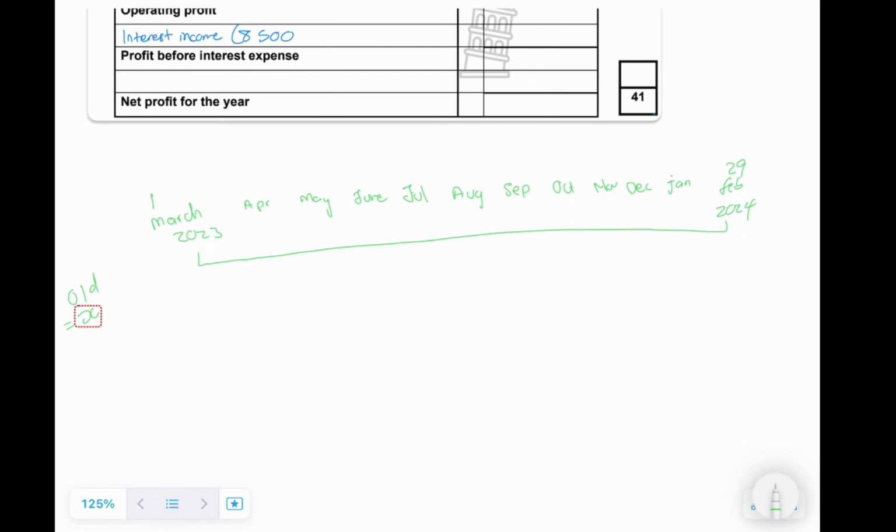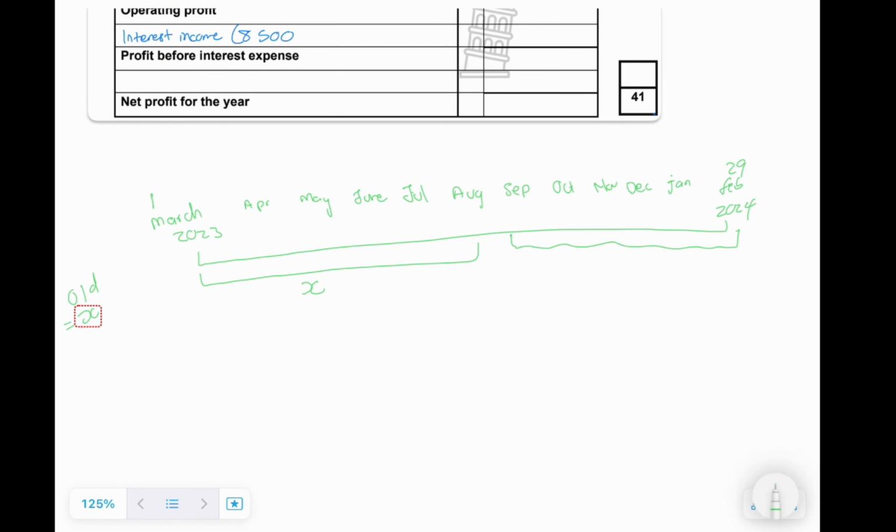The increase was actually in September, meaning from September all the way to February, the rent was more than the actual amount. However, from the 1st of March to August 2023, the rent amount remained the same. So here the amount was X. And how many months did these people pay the X amount?